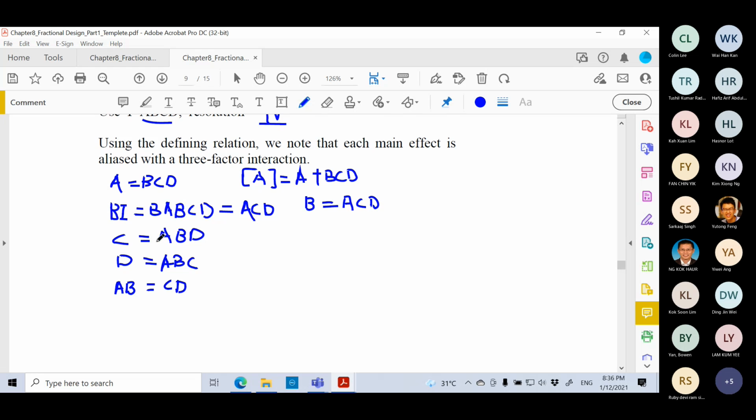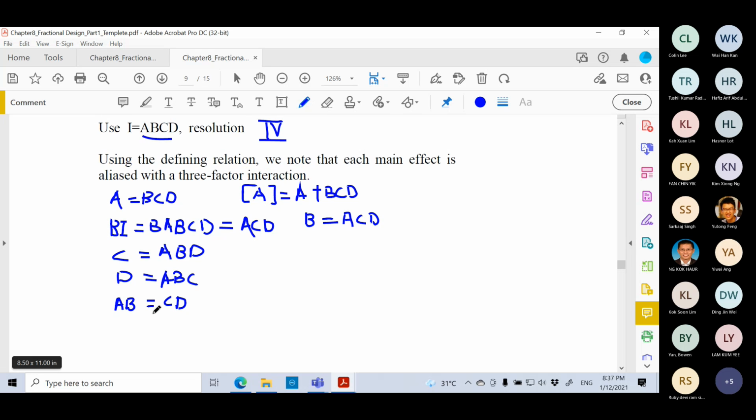Then you have AC, multiply and you get BD. Then for AD, you multiply and you get BC. Let's count how many you have completed: 1, 2, 3, 4, 5, 6, 7, 8, 9, 10, 11, 12, 13, 14.